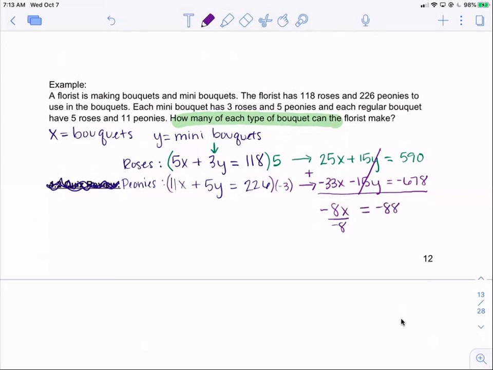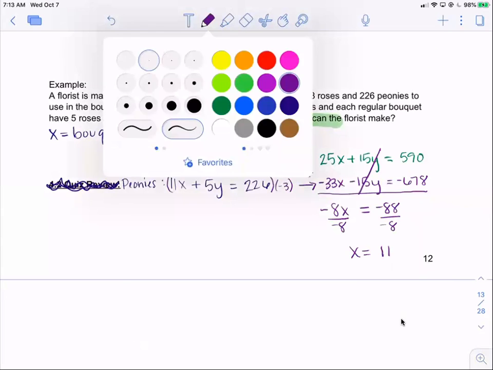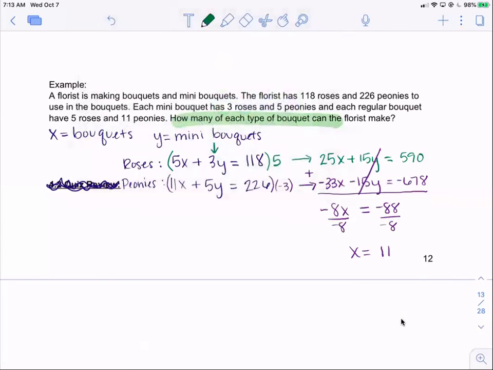Divide by negative 8. And x equals 11. Okay. So now we're going to plug back in to one of our equations to solve for y. So I'm just going to use our first one. So we have 5 times 11 plus 3 times y equals 118. 5 times 11 is 55, plus 3y equals 118.